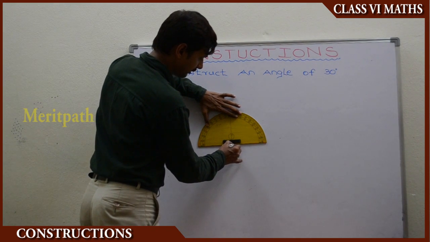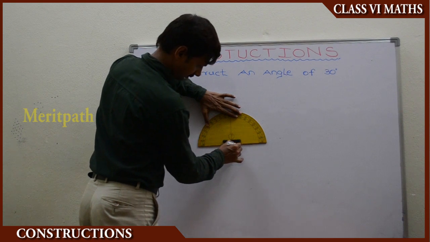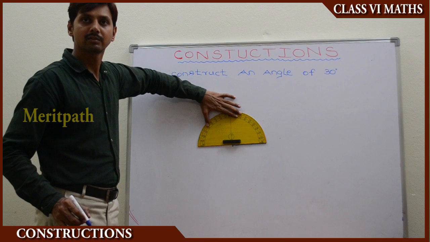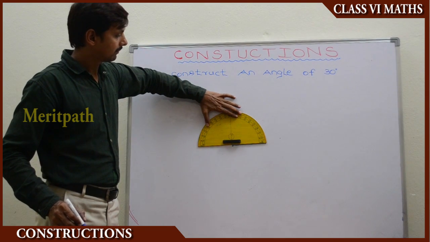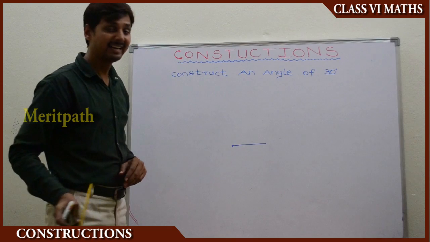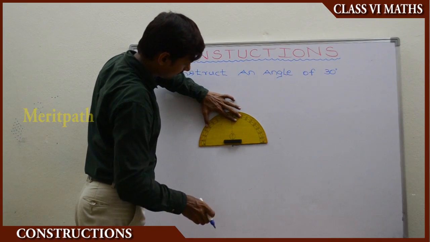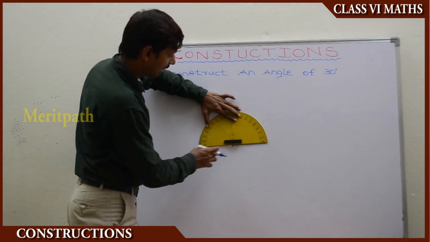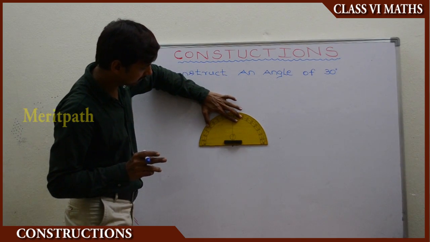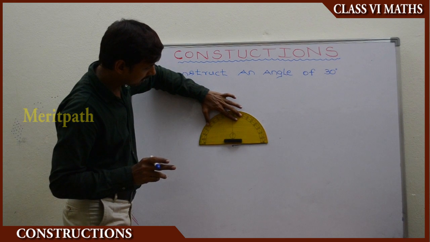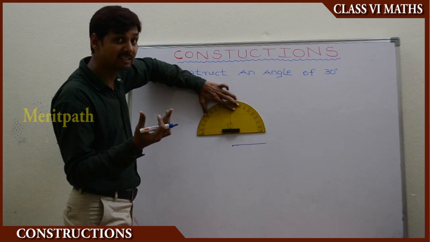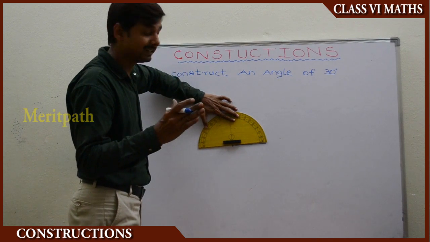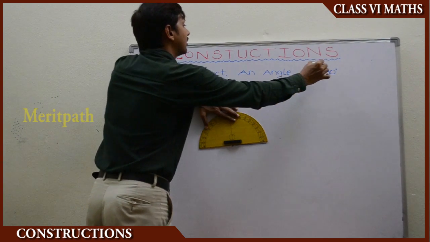This is the initial point, and we draw a line segment from the initial point. So this is a line segment, and we'll take the initial point and draw a 30 degrees angle. This line segment is drawn on the right hand side of the protractor, so we need to measure 30 degrees from the right hand side. This is 30 degrees.